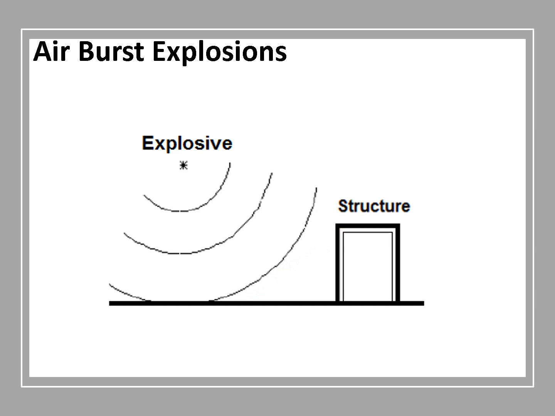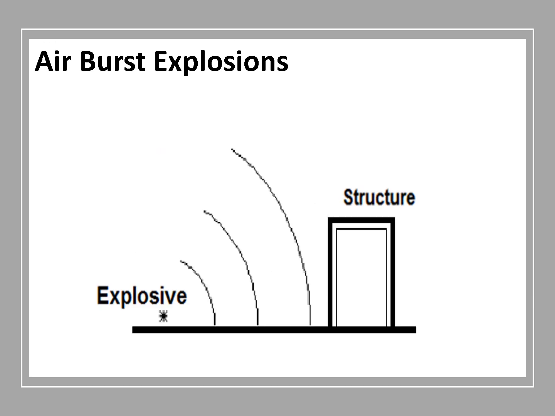But in this case, the blast wave interacts with the ground first before striking the structure. Surface burst explosions occur when a charge explodes on or very close to the ground. The initial wave of explosion will interact with the ground surface to produce a reflected wave.